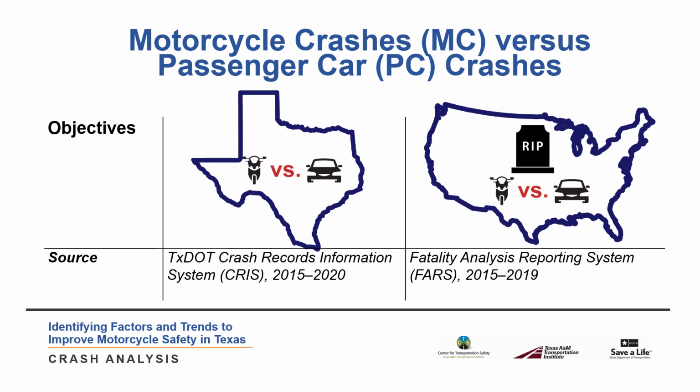FARS data only captures fatal crashes, but since it covers the entire United States, we can make comparisons between Texas versus other states to get an idea of whether countermeasures that address motorcycle crashes need to be tailored to Texas specifically. In addition, it allows us to identify other states in which a countermeasure may be being used to address a problem Texas also encounters.